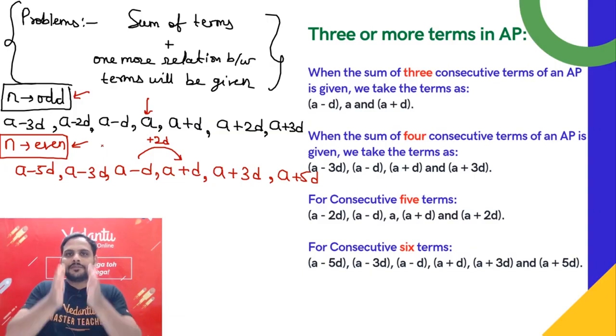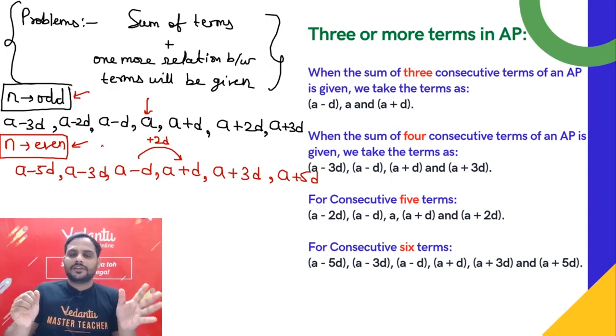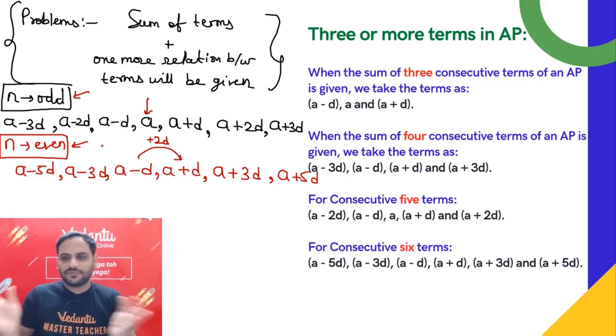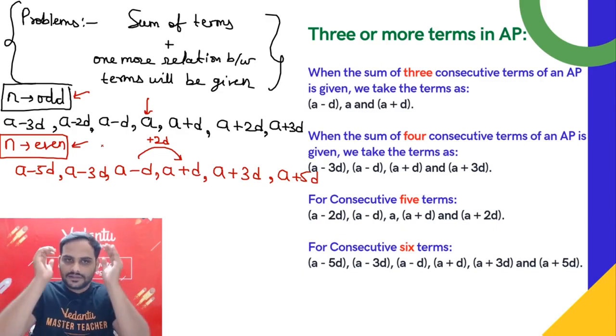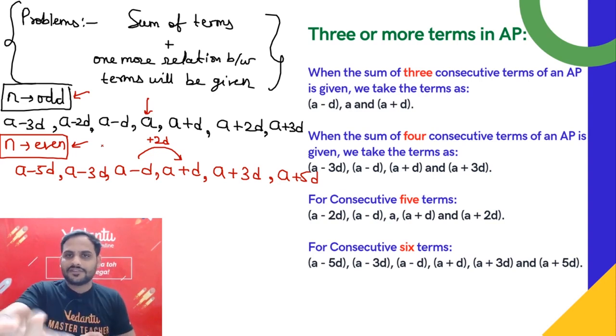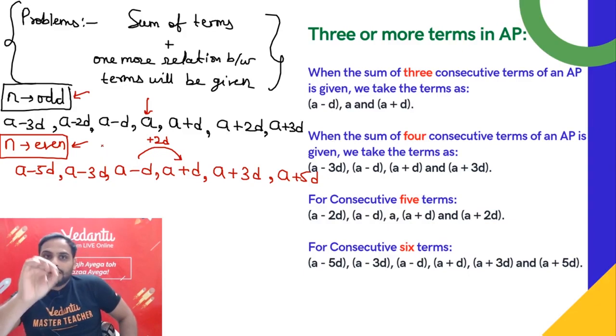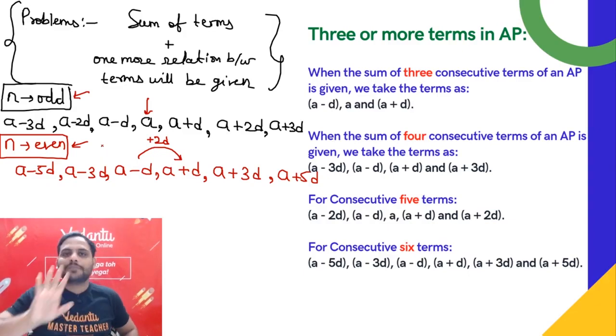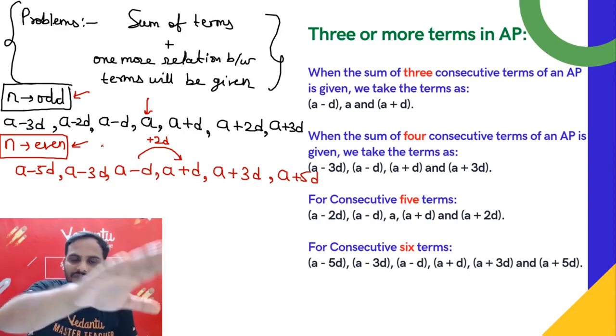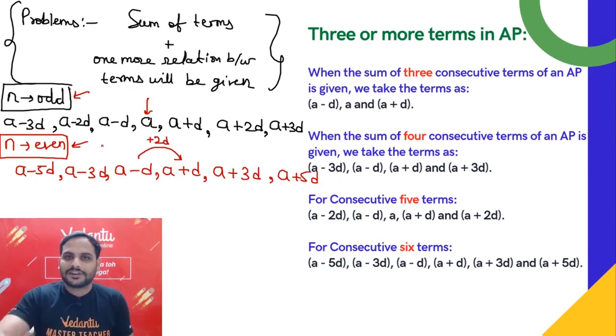For even: a minus d, a plus d, a plus 3d, a minus 3d, a plus 5d, a minus 5d, and so on. Take a screenshot, give it some time and you'll understand it. The only thing is how to take the terms, and this pattern you need to remember. How these problems will be solved, I'll explain, don't worry about it.